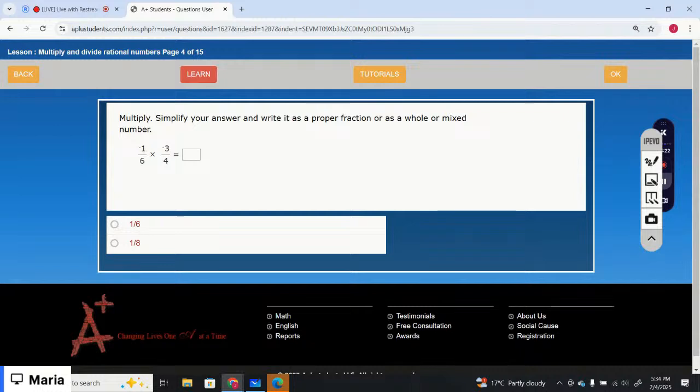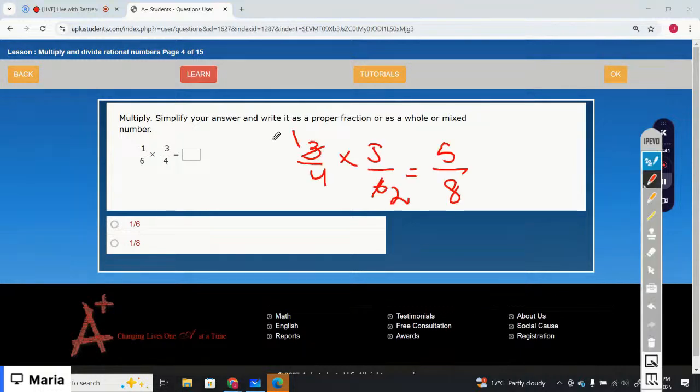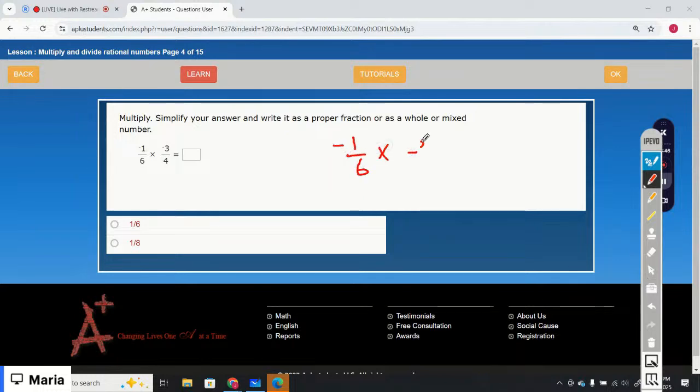Negative 1 by 6 times negative 3 by 4. 3 times 1 is 3, 3 times 2 is 6.